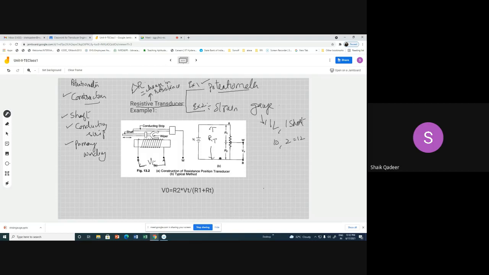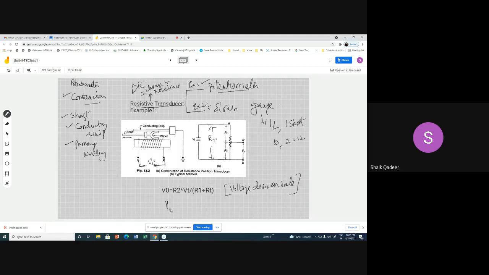The formula we can use is a very simple formula, the voltage division rule. You are all aware of it. Output voltage V0 we can write as R2 into VT divided by R1 plus R2. Is it clear to everybody?